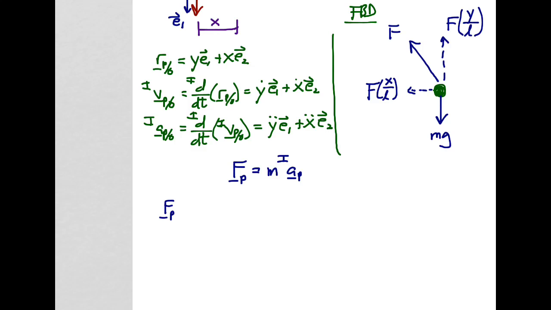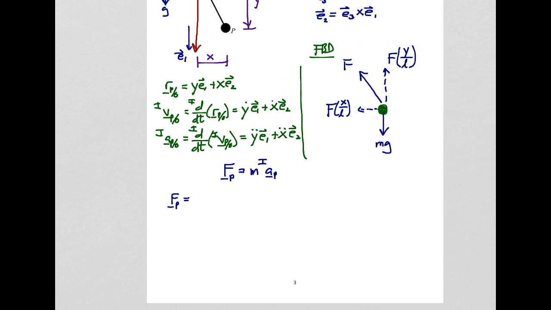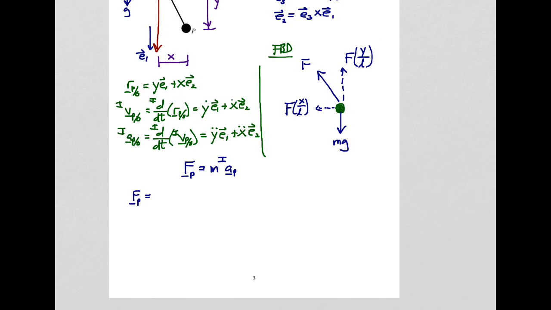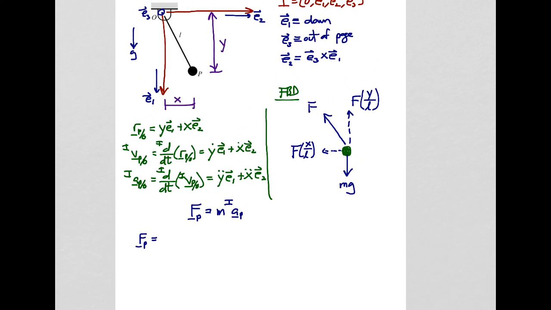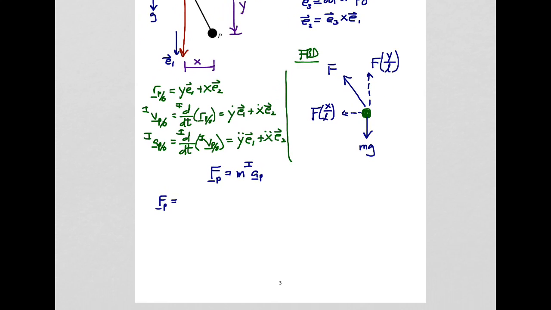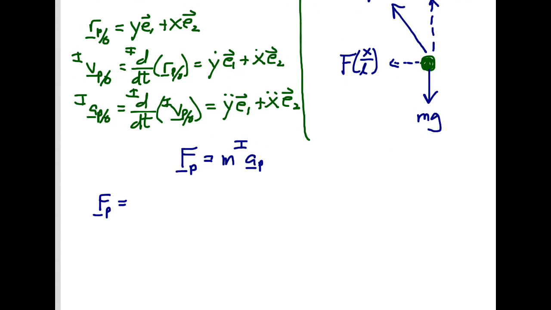The force applied to point P, if we look here, then we have mg, and mg is in the positive E1 direction. So mg is pointing down, E1 is pointing down. That never changes. So we define this vector as mg in the E1 direction.